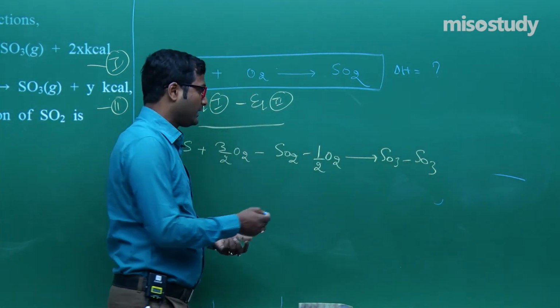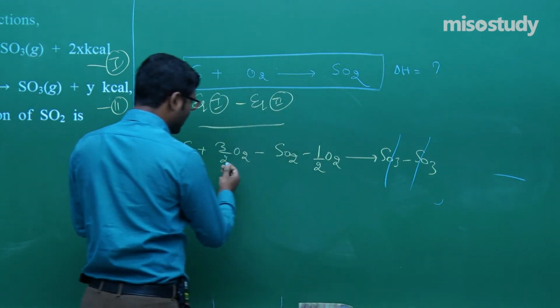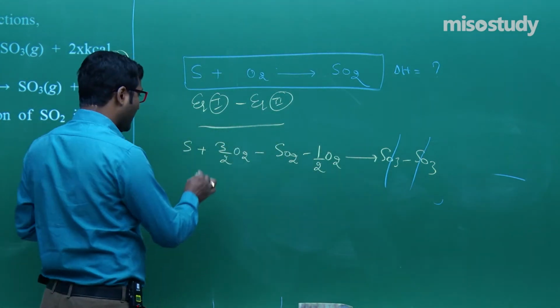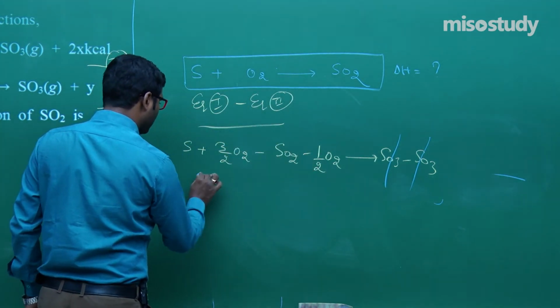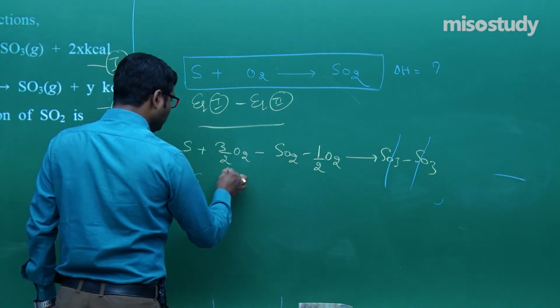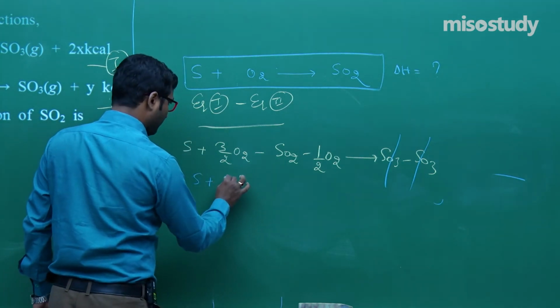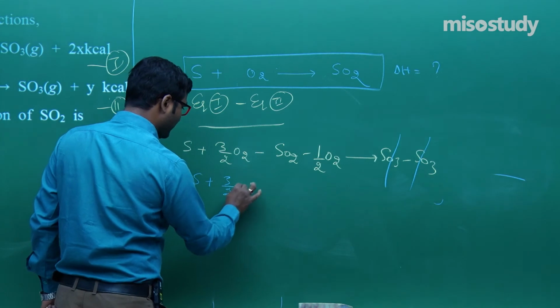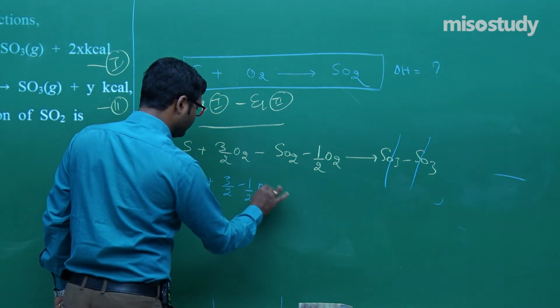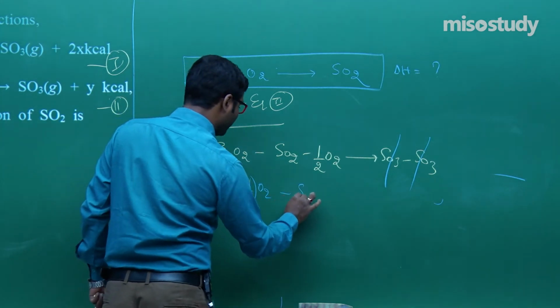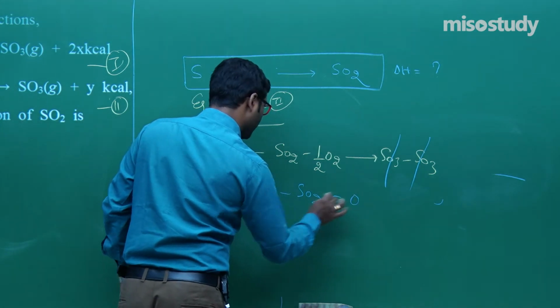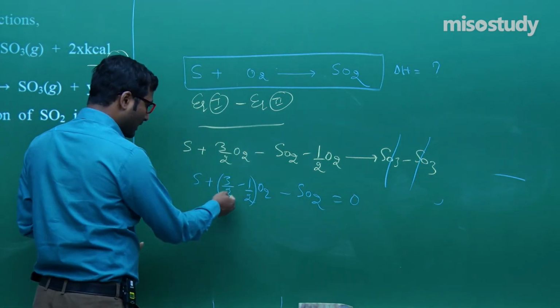Clear to you? Now this will cancel, LHS will add and RHS will too. Now 3 by 2 minus 1 by 2 O2 and minus SO2, clear to you? Is equal to 0.